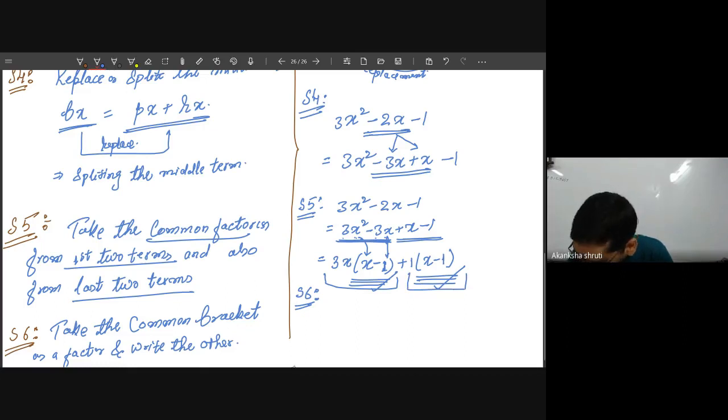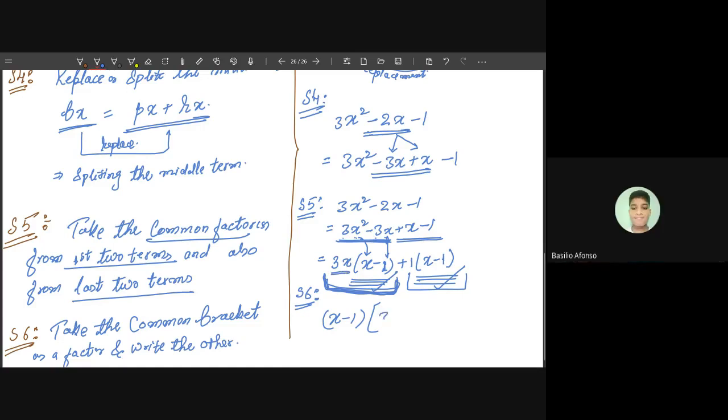In this case, this x minus 1 is common for both the first term as well as the second term. What will be left here? From this much, I have taken x minus 1 as common. While taking x minus 1 as common, what will be left? Only this 3x will be left, plus 1.